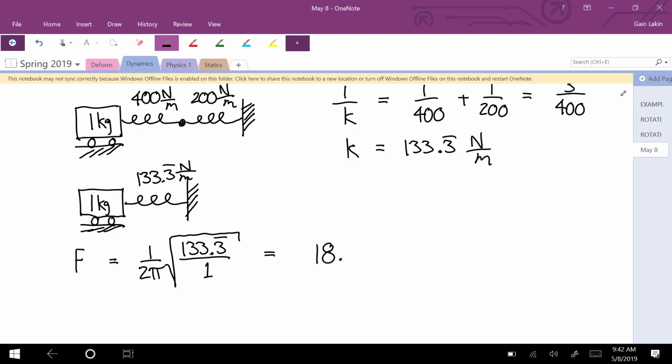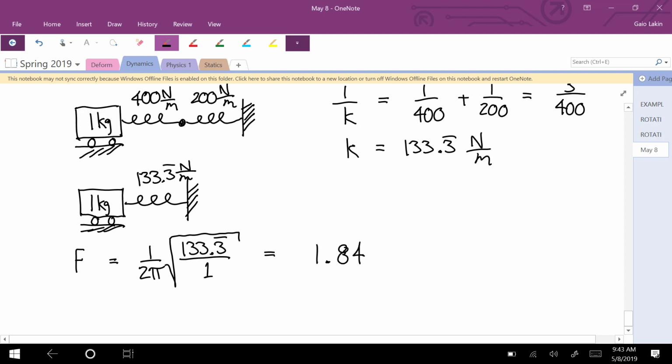Square root of 133 is 1.84, because it's like a little over 11 divided by 6.